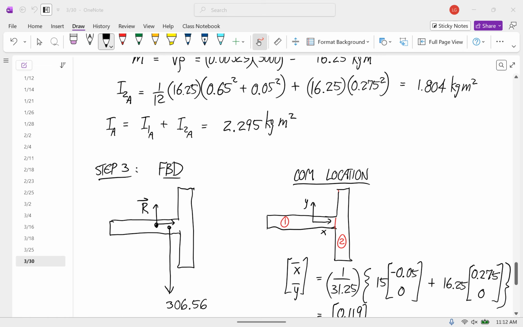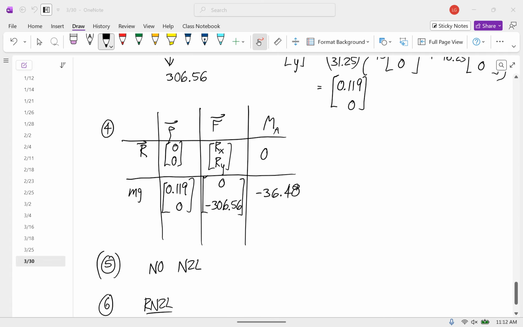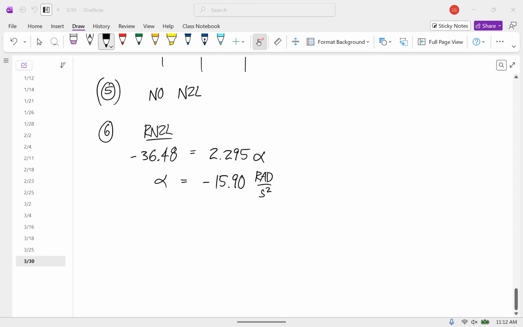And then, so we got the angular acceleration. Then what's the acceleration vector of the point A? That's just another watermelon equation thing. I guess I might as well finish it because we don't have much time left. So this is like the seventh step that we use a lot of the time.